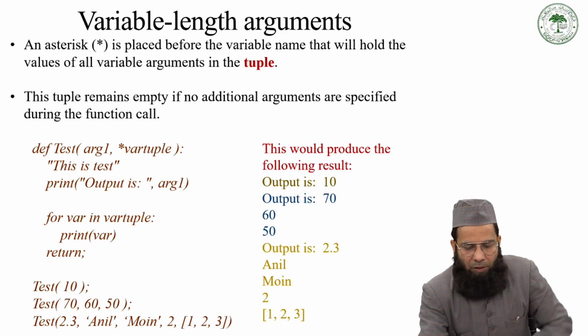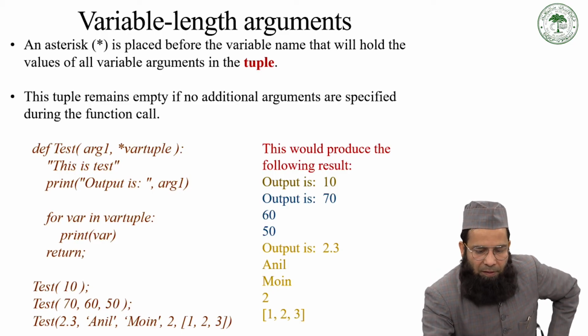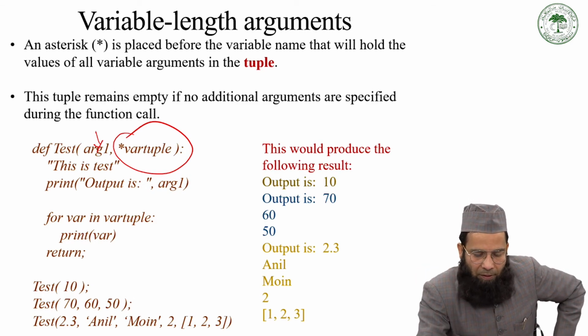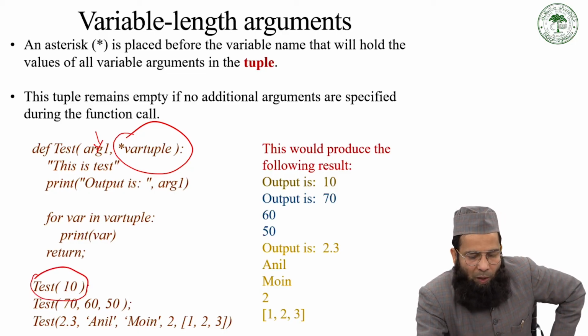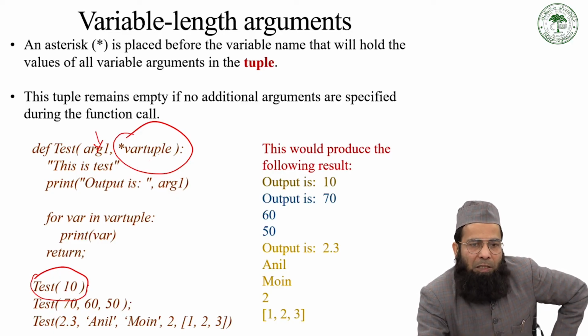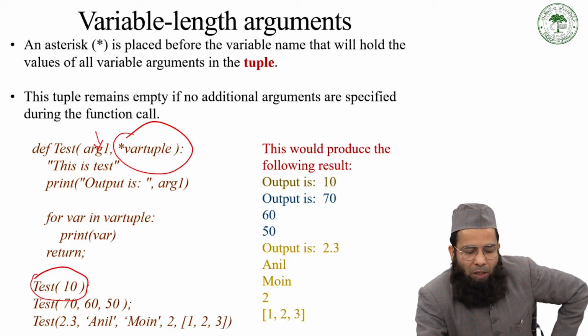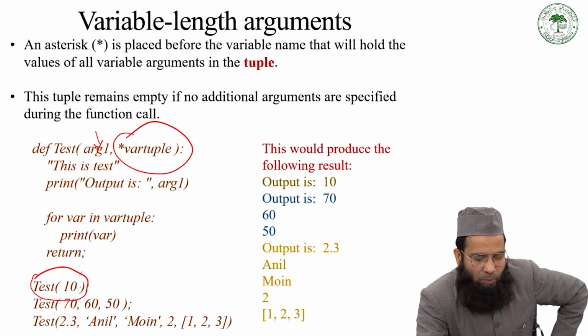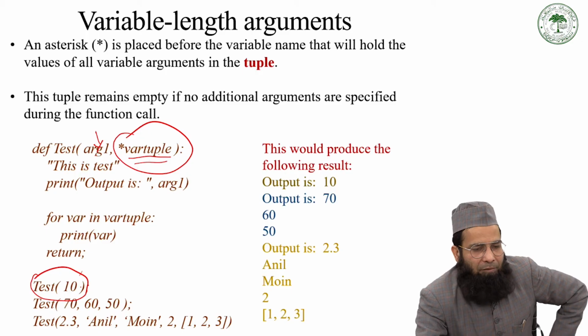You can see this one is the first parameter and this one is the variable length parameter. And one thing more: the variable length argument remains empty if no additional arguments are specified during the function call. In this case, since you are passing 10 only, 10 will be stored in the first argument and the variable length argument would not contain any value.